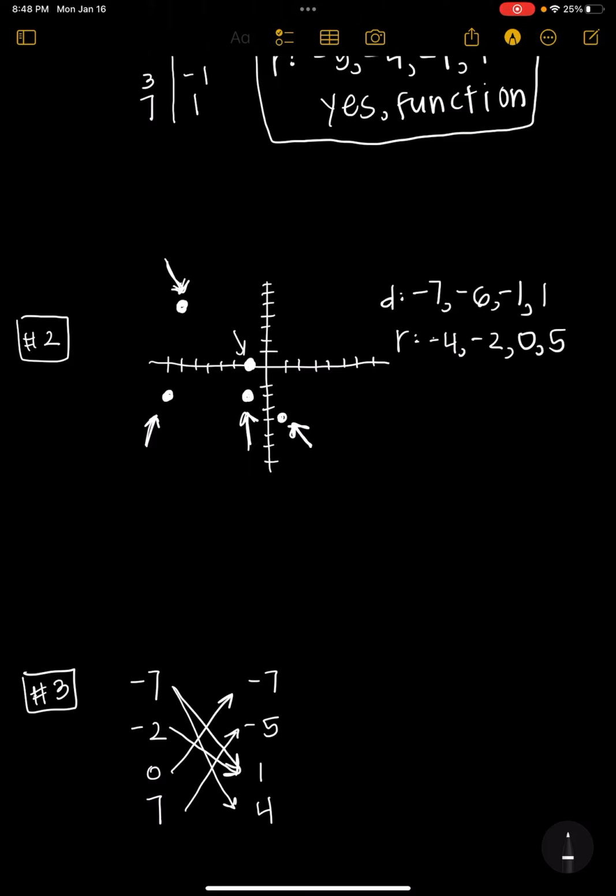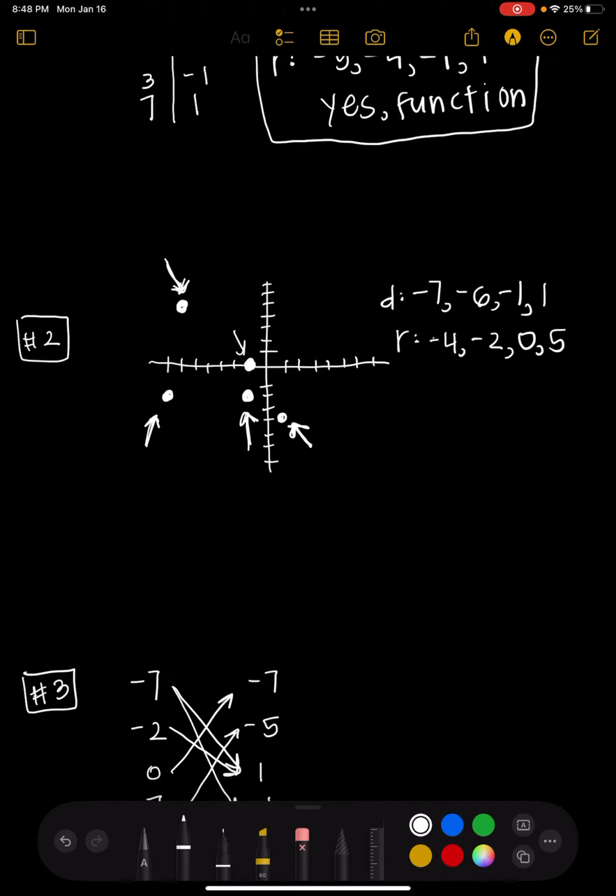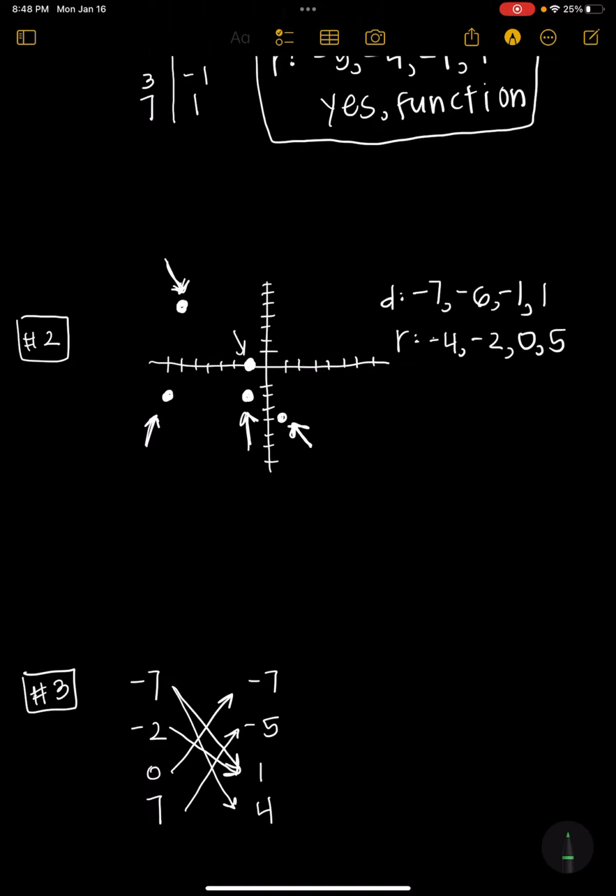Now, to determine if it's a function or not, we talked about something called the vertical line test. So in order to use the vertical line test, what we're going to do is draw a vertical line, an up and down line, anywhere on the graph, and if it ever hits more than one point, then it's not considered a function. So I'm going to do this in a different color. If you notice right here, if I drew a vertical line right here, it would cross those 2 points.